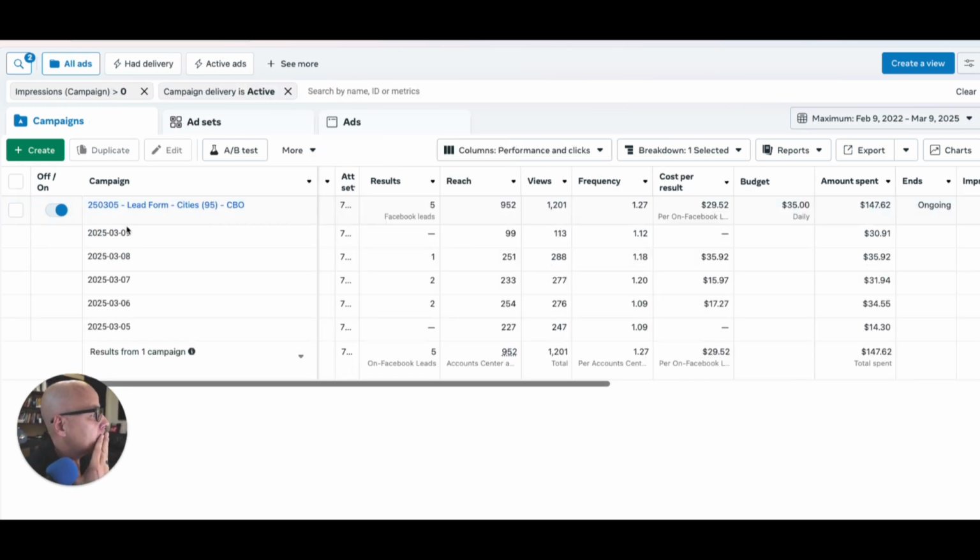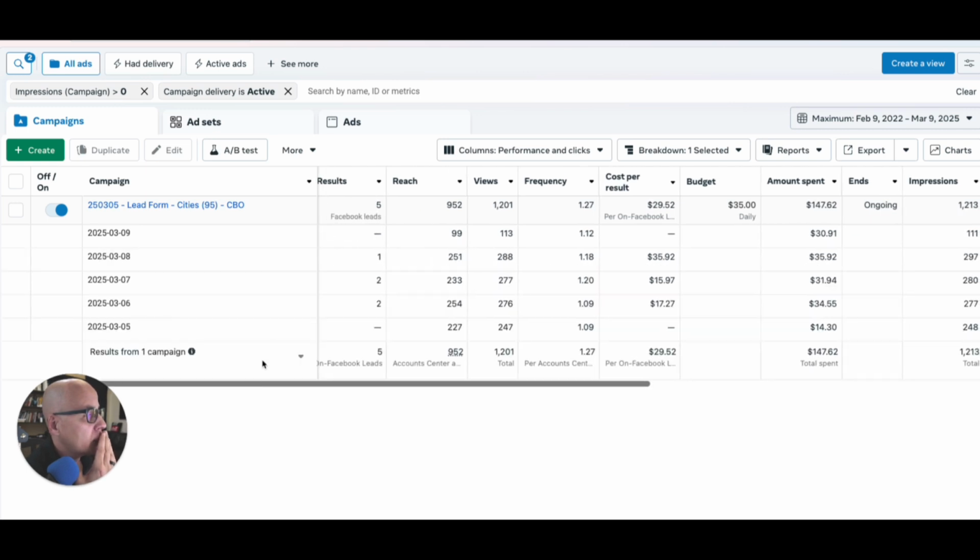This particular campaign has been running 5 days. If I scroll through here, I notice that this is today. So today, there are no leads today, which is fine. The cost per lead total was $29. The cost per result on these first 2 days was $15 and $17.